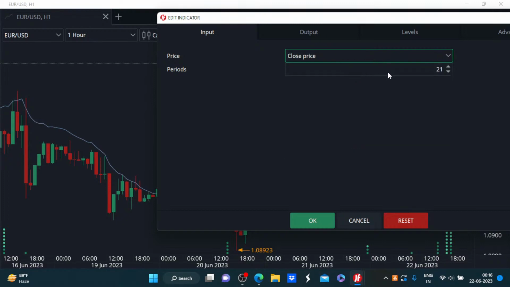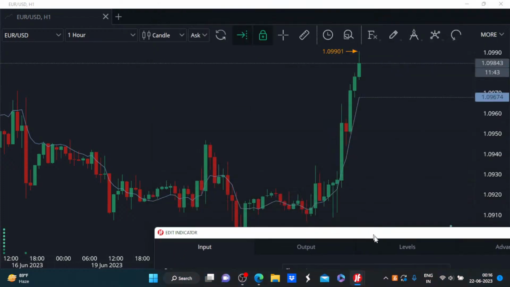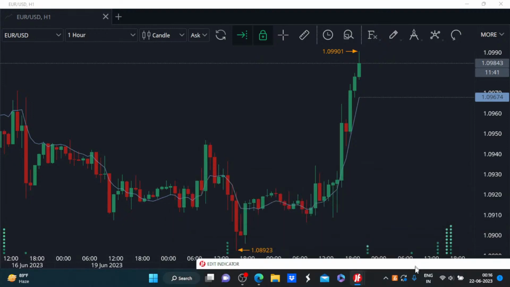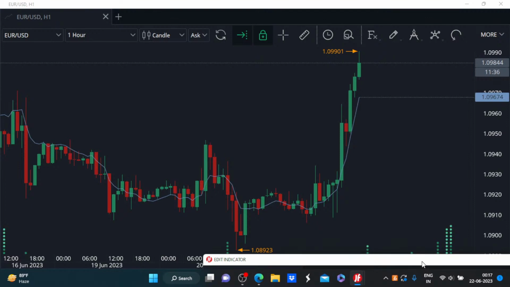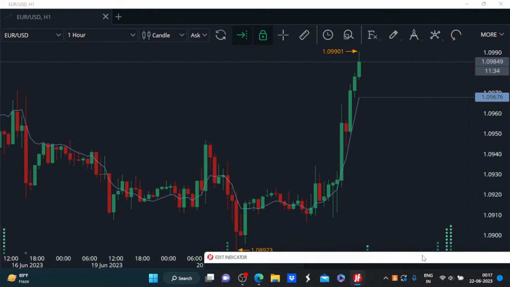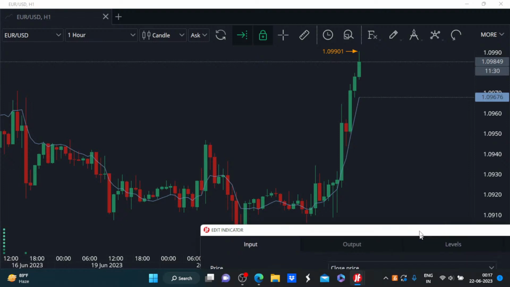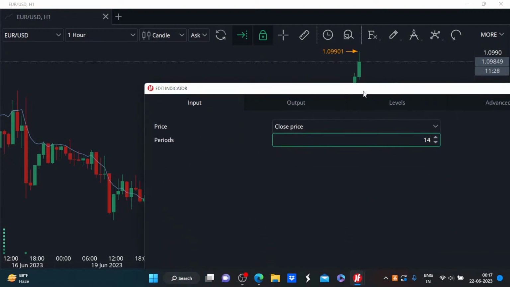Now we are back to the candle grade, which can also be varied. If you want to reduce it, you can go for a reduced calculation period and it will make that indicator's output value much more volatile, because as the calculation period has decreased, it will be taking a lot fewer data points for the calculation.